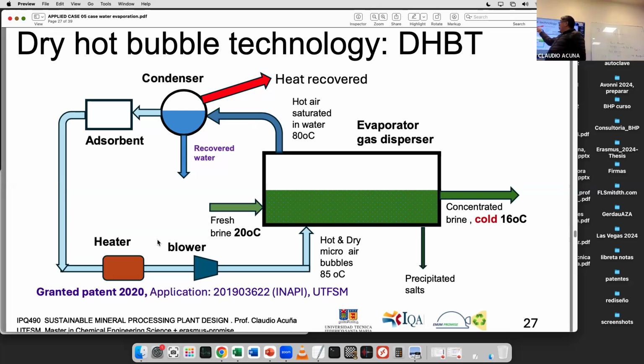So condensing that is super easy. If you have nothing, just condense it to the atmosphere, because of the very high temperature, 80 degrees, it will cool down, but you can recover this energy. So listen up, we are generating energy here for phase change, just condensing.